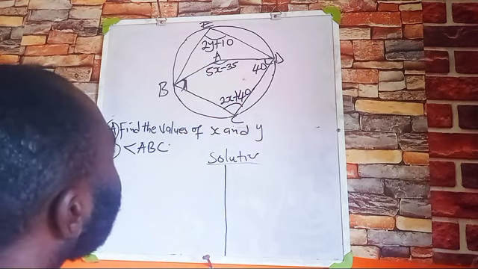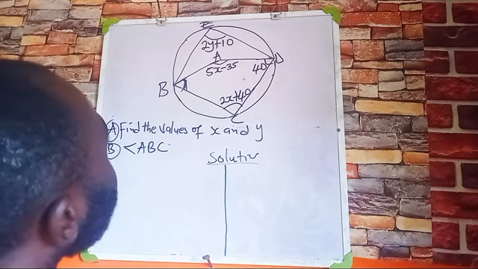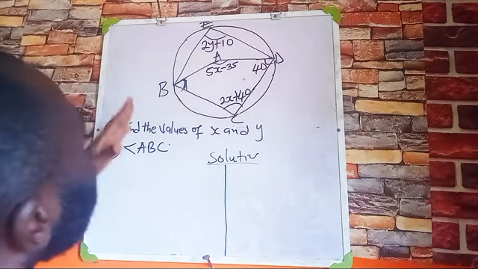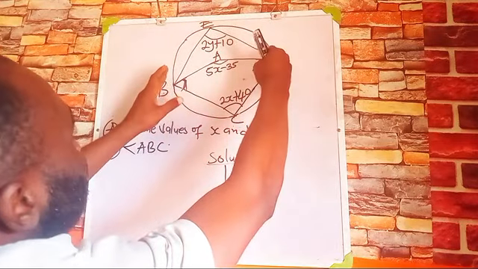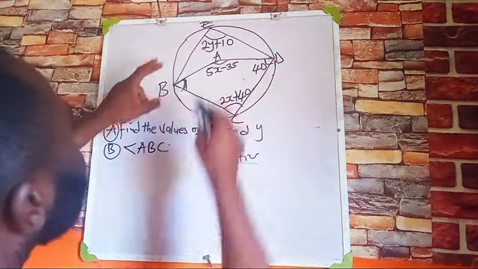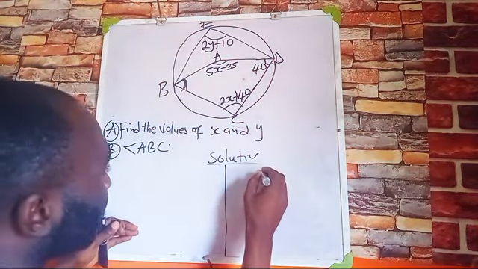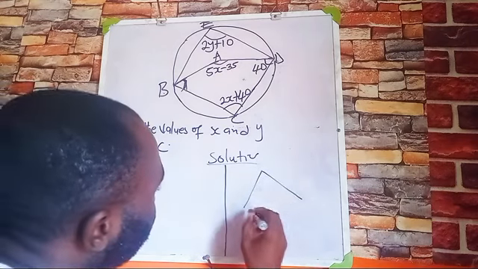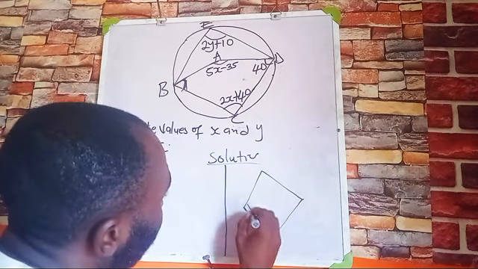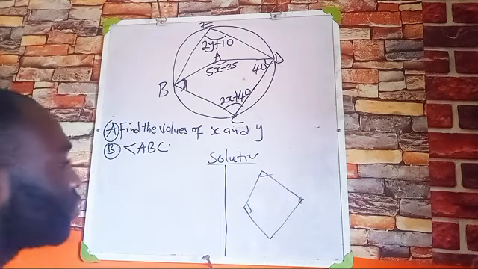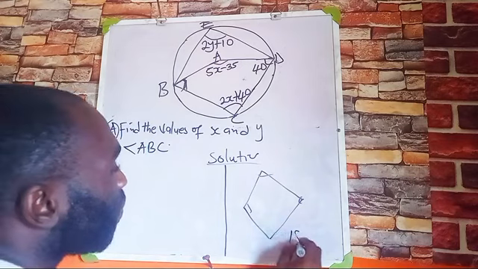In finding the values of x and y, we need to remember the theorems. First, this particular diagram is a quadrilateral. It has four angles, and the sum of the opposite angles will give you 180.